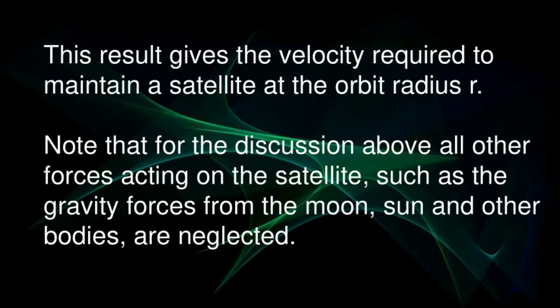This result gives the velocity required to maintain a satellite at the orbit radius r. Here we note that for the discussion above, all the other forces acting on the satellite such as the gravity forces from the moon, sun and other bodies are neglected.